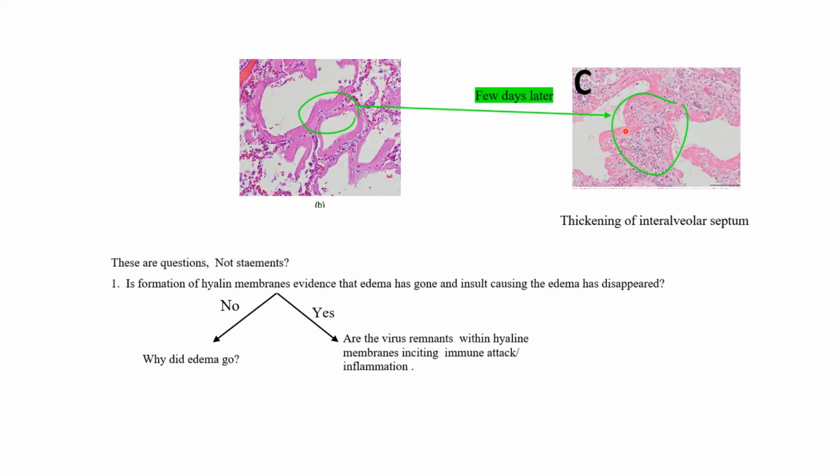There is the hyaline deposition. So this must be the alveoli. And thickening of the septa has in fact made the alveoli smaller, because the septa is now effectively bulging into the alveolar space.